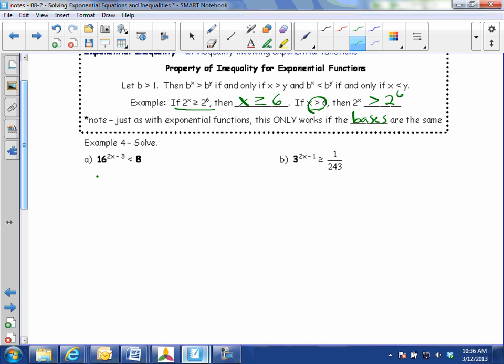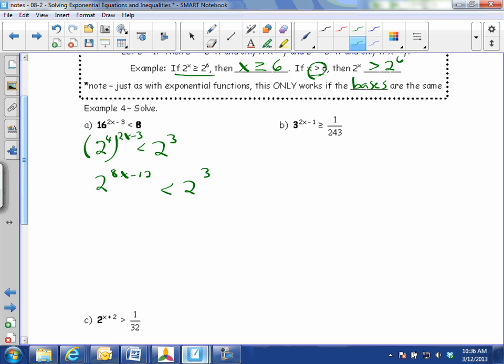So in this case, 4 to the what power gets us 8? 2. Okay, 2 to the what power gets us 8? Third. 2 to the third, and 2 to the what power gets us 16? 4. So we have 2x minus 3. Again, remember we have to distribute that 4. Now our bases are the same, so we can pull out our exponents.